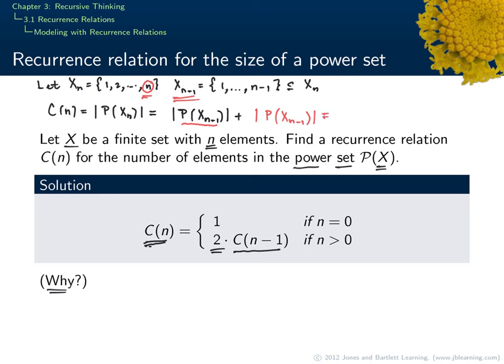So I add those things together and I get 2 times the size of the power set of x sub n minus 1. But remember, the size of the power set, that's what we're calling C. So this would be 2 times C of n minus 1. And that's why the formula holds.